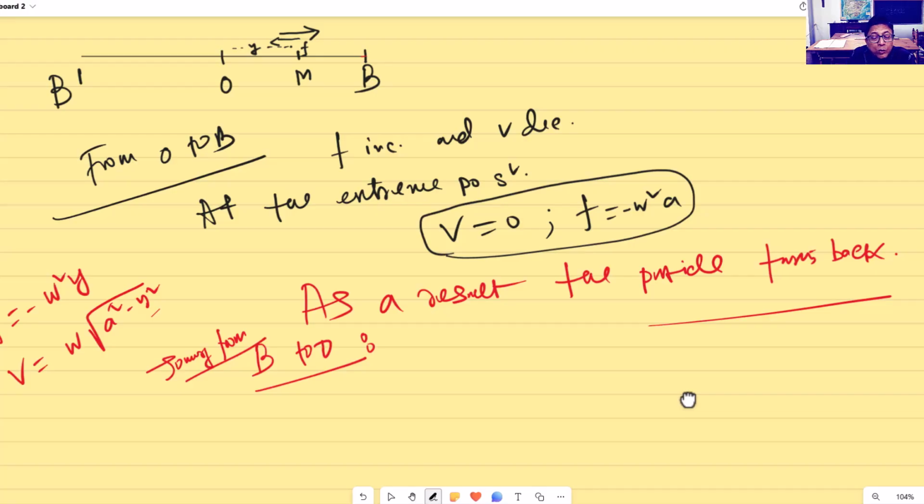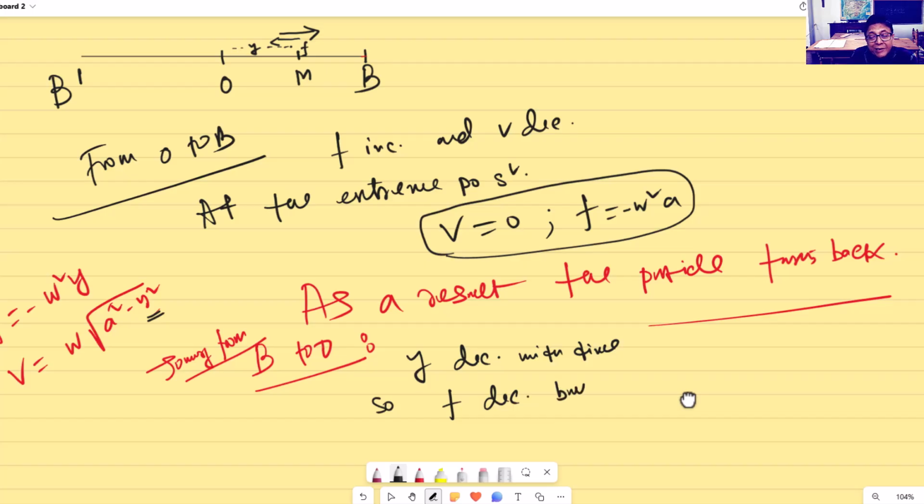From B to O, y decreases with time. What do you observe? F decreases, but V increases.